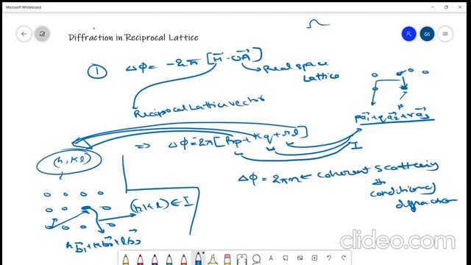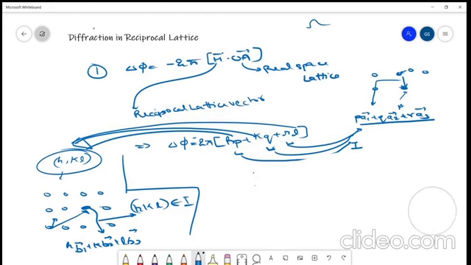The spot will be shown in the detector if there is a constructive interference, and constructive interference means coherent scattering, and coherent scattering has a condition of diffraction 2n pi. Now if I write this 2n pi here, so 2n pi will be 2 pi, minus will be there, hp plus kq plus rl. I'll just cut this 2 pi.